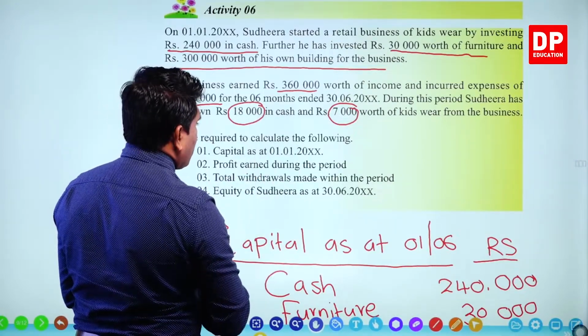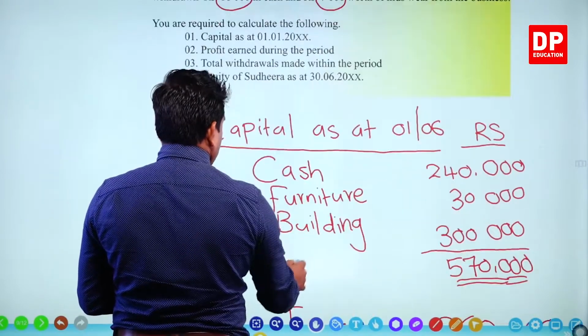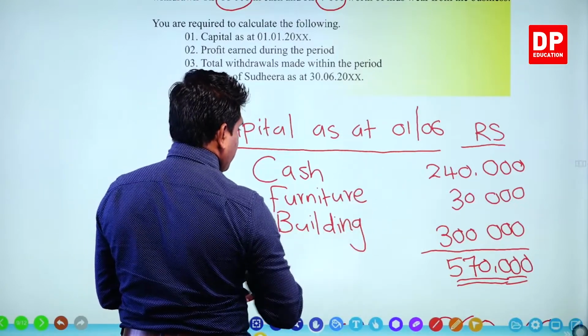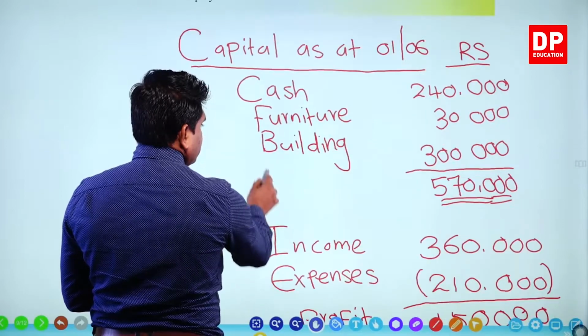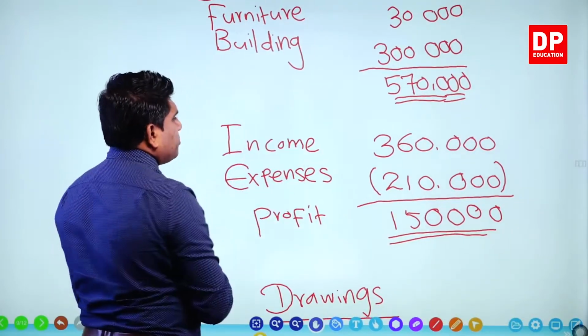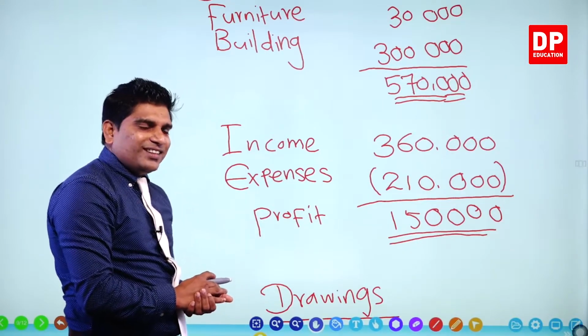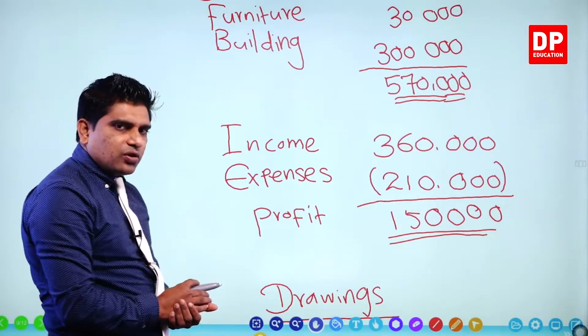This total is called what? 240,000 cash, furniture 30,000, 300,000 building, total equity 570,000. Finally, they say that during the year their total income was 360,000 and expenses 10,000, right? Then here you can see profit 150,000.